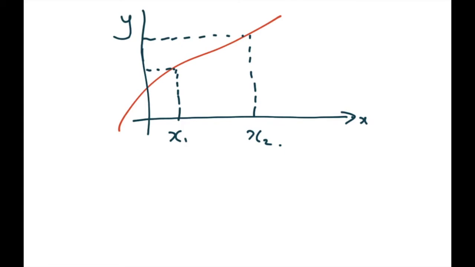So this would be the corresponding y1, and this is the corresponding y2. Let's say I label this as y equals a x squared or x cubed or something.